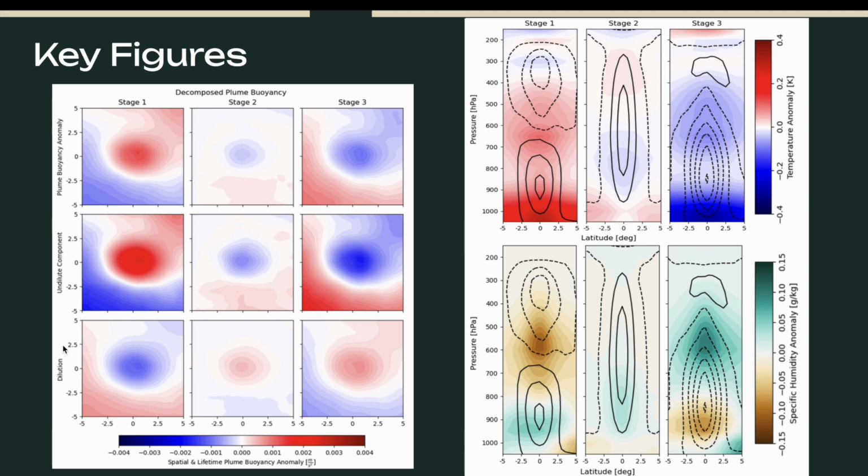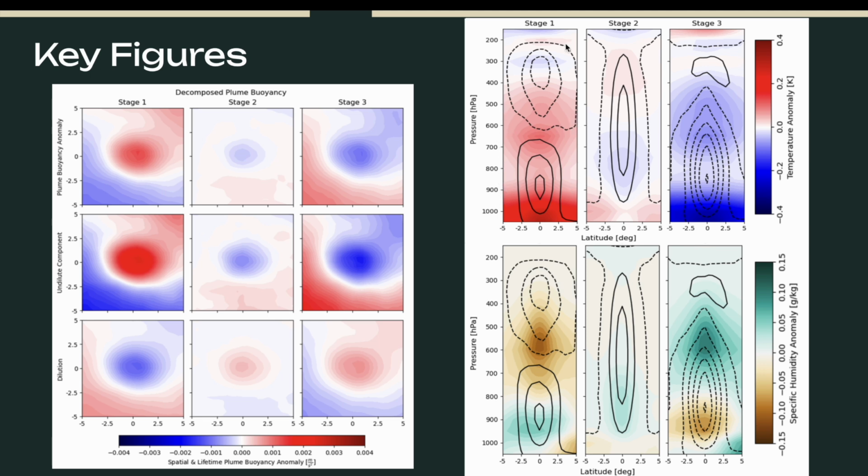And then our diluted component, row number 3 here, is calculated by taking saturated MSE of the lower free troposphere minus the regular MSE of the lower free troposphere, and dividing all of that again by the saturated MSE of the lower troposphere. And so for the work in our paper, we defined the boundary layer as the surface to 850 hectopascals, so like right here, and then the lower free troposphere as 850 to 600 hectopascals, like right here.